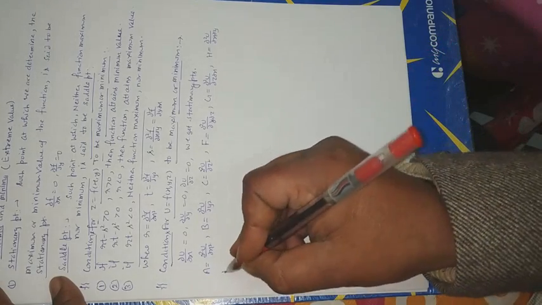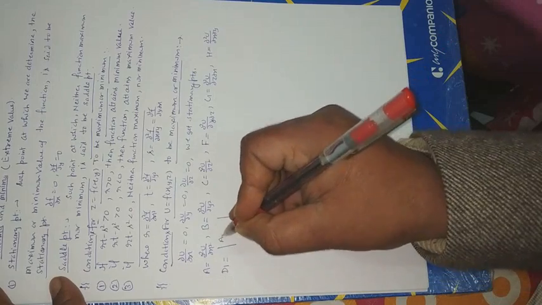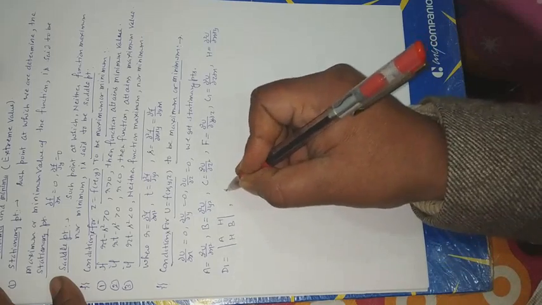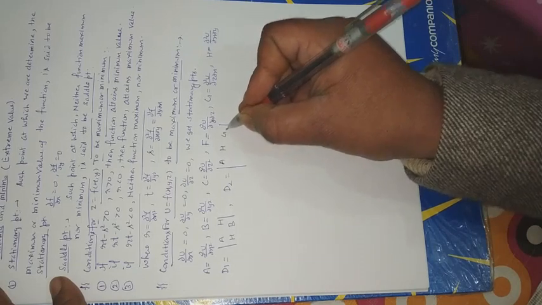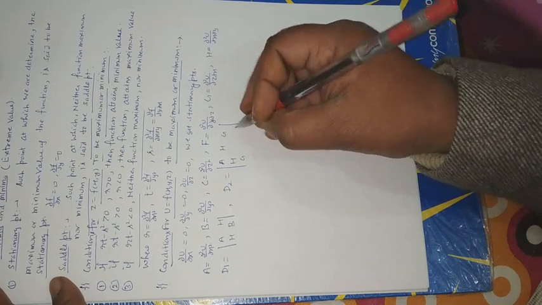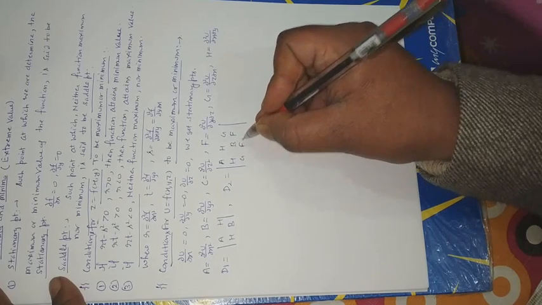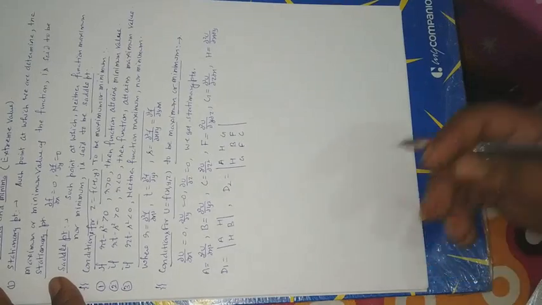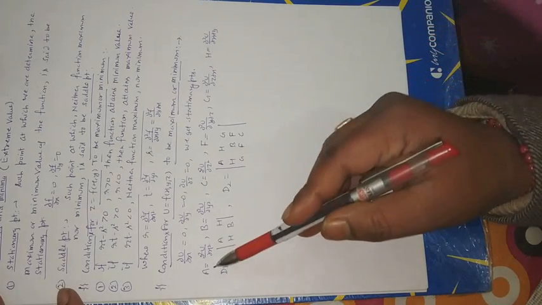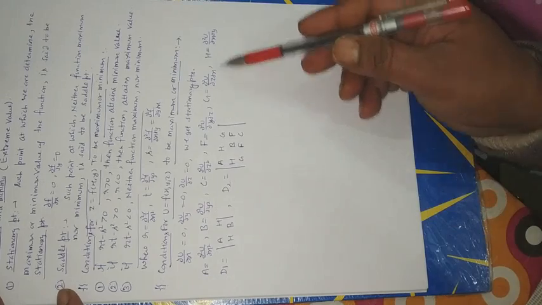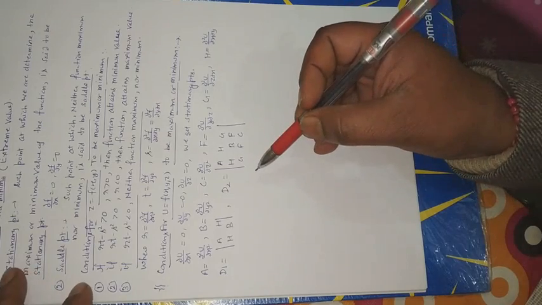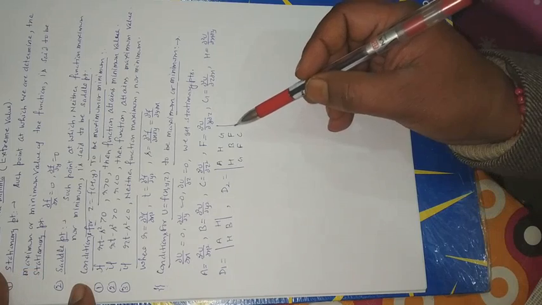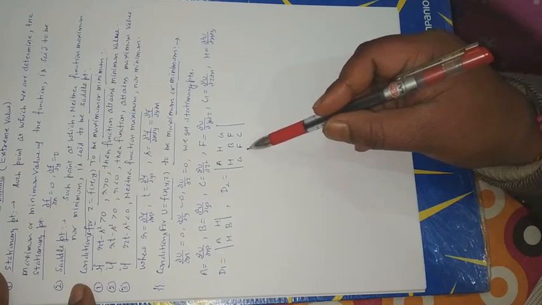Now D1 is equal to the determinant A, H, H, B, and D2 is equal to the determinant A, H, G, H, B, F, G, F, C. That is, first we determine capital A, B, C, F, G, H, and after this we calculate D1 by the 2 by 2 determinant and the value of D2 by the 3 by 3 determinant.